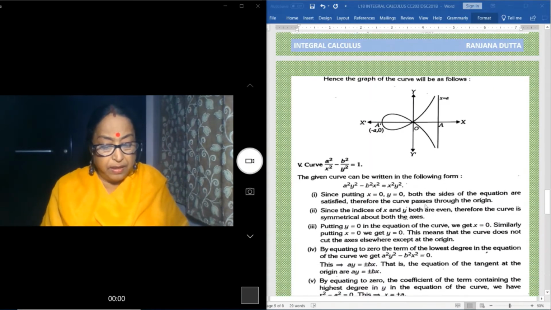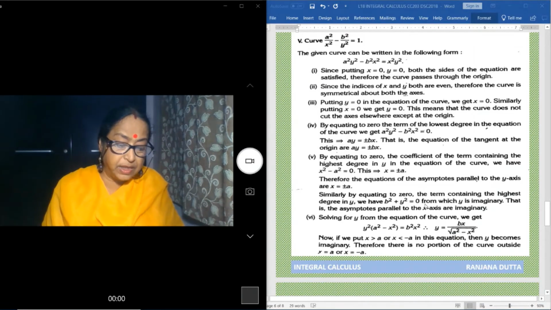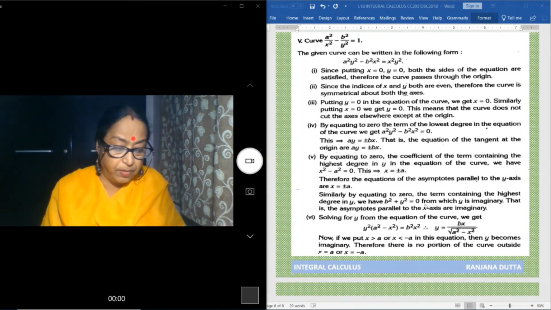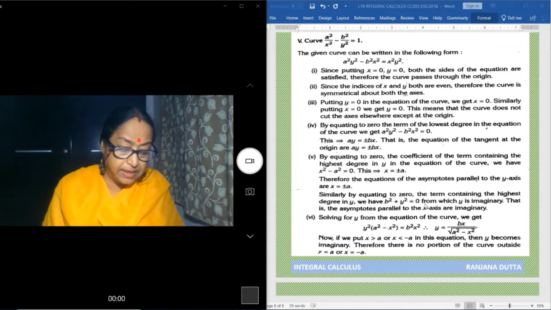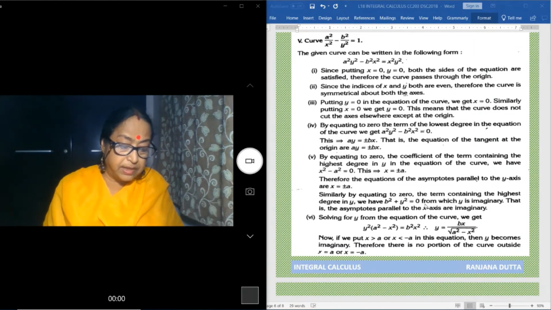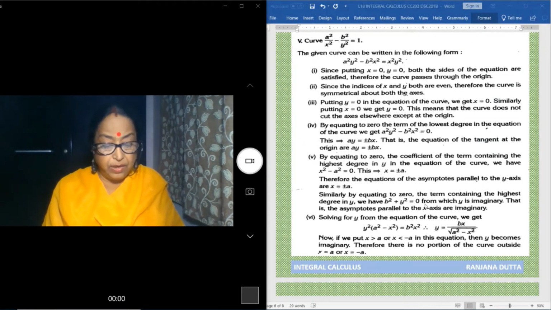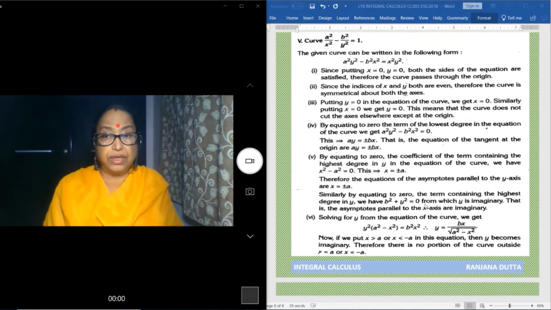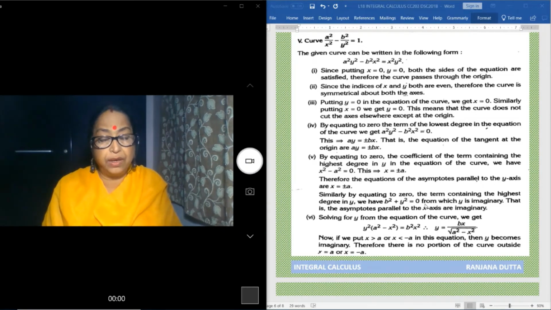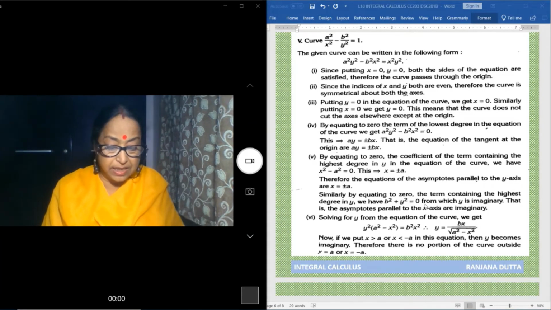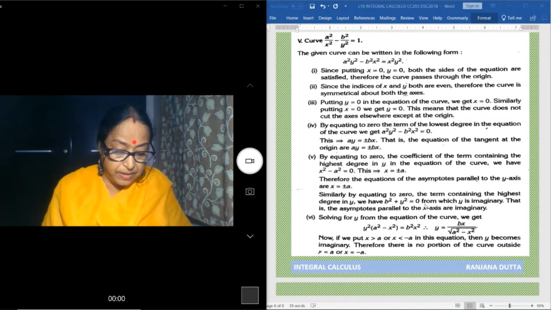Now, how to trace a curve in the form a square by x square minus b square by y square is equal to 1. We can write this as a square y square minus b square x square is equal to x square into y square. If we put x is equal to 0 and y is equal to 0, the equation on both sides is satisfied. Hence, the curve passes through the origin.